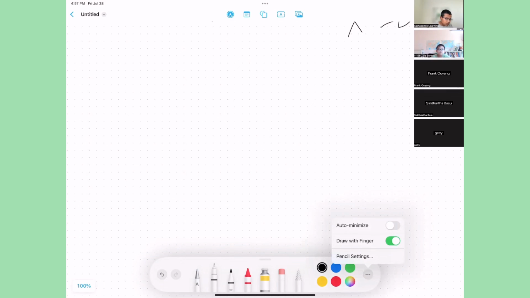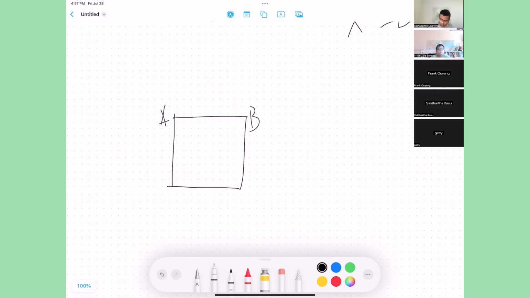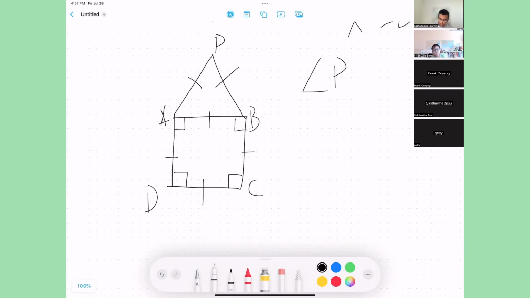I guess we have time for one more problem before we end the class today. So we'll go over this problem. So we have something like this: A, B, C, D, right, and then what's angle PBD?